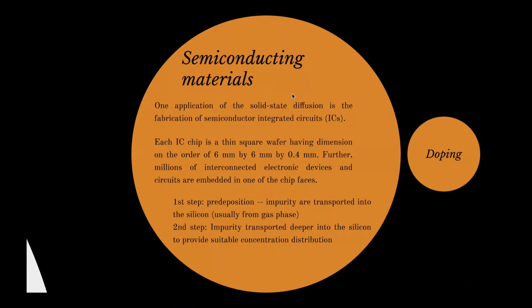We call that solid state diffusion, and this is the size of the IC chip, the integrated circuit chip. Usually the processor in modern laptops is around 10 nanometers, or even 7 nanometers, and maybe in the future we will go below 5 nanometers. So that's the sizing.